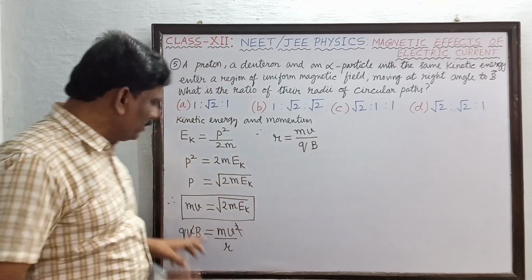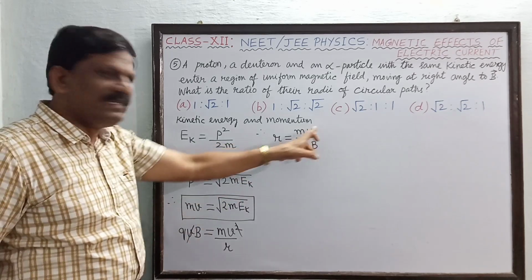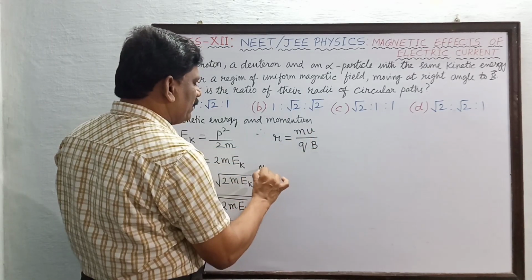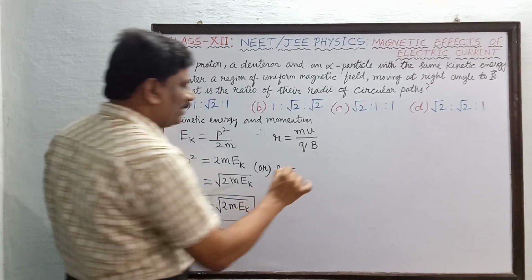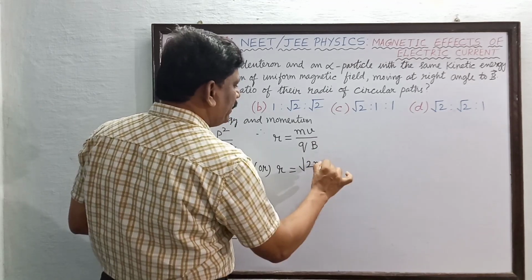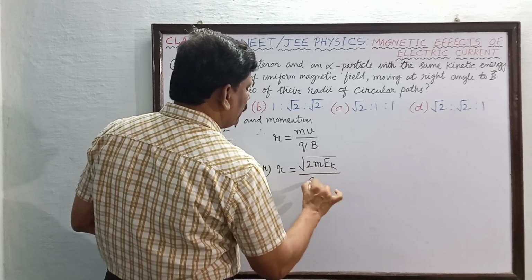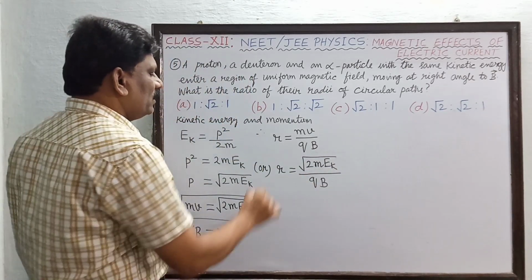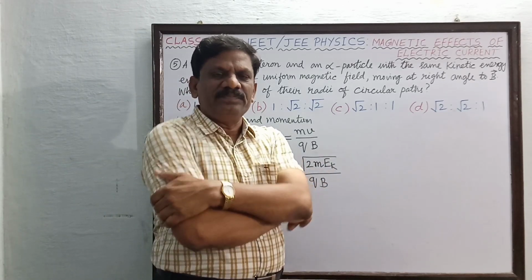What is the product of m into v? That is equal to the linear momentum. I am going to substitute for mv from here. So instead of mv we can substitute square root of 2m into E kinetic in the numerator, divided by qB. This is the equation we require.